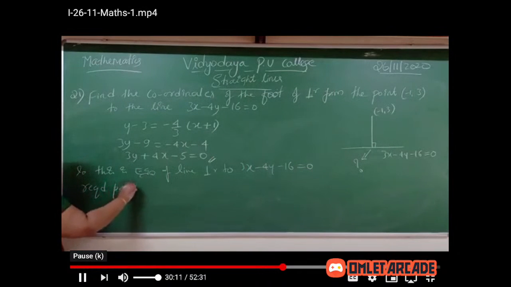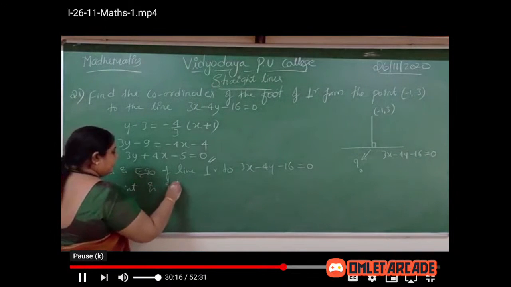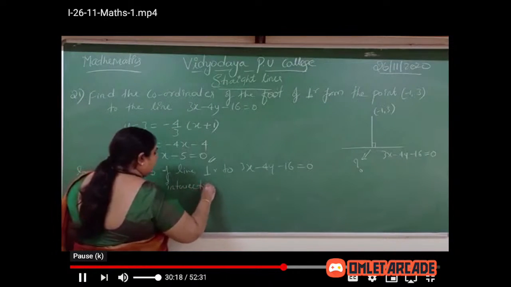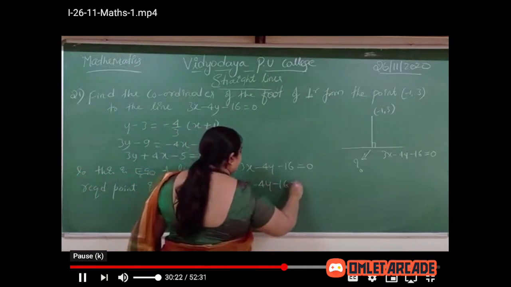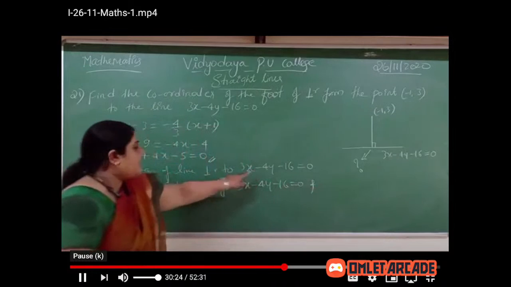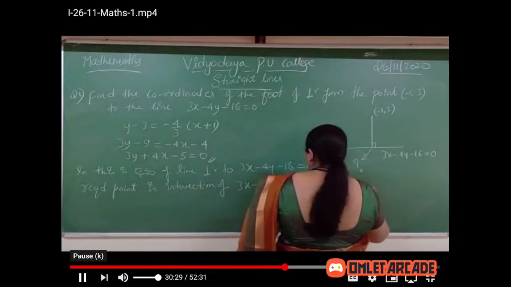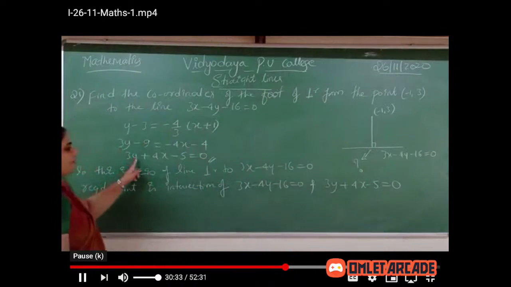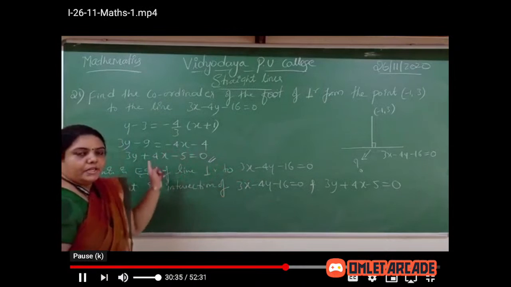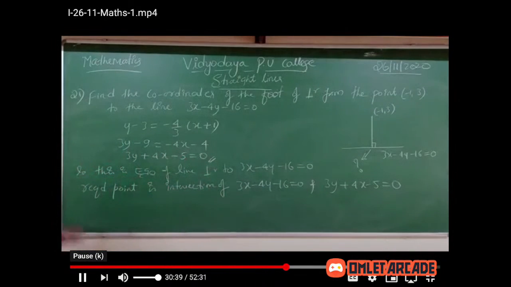The required point. What we require? So the required point is the intersection of 3x minus 4y minus 16 is equal to 0, this line, and this what we have, 3y plus 4x minus 5 is equal to 0, isn't it? It is actually the intersection of these two lines. So if I solve these two lines, you will get the common x and y value. That will be the point of intersection.